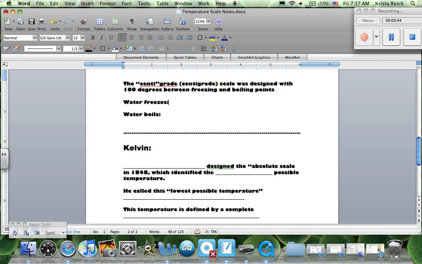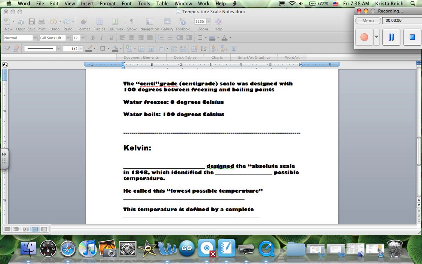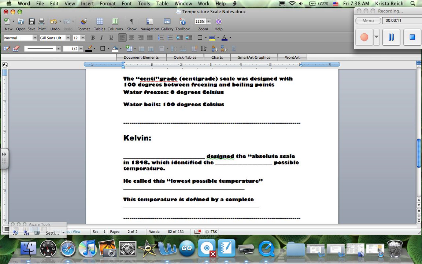So in Celsius, 0 degrees Celsius is the degree where water freezes, and 100 degrees Celsius is the temperature where water boils.